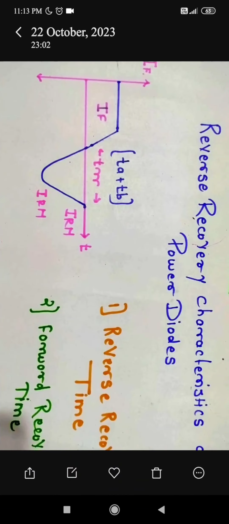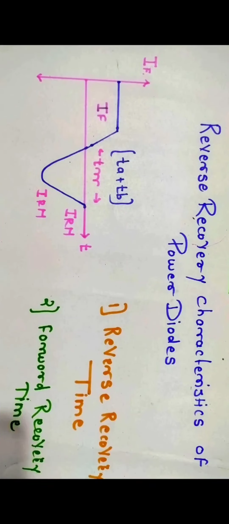Let's see the reverse recovery characteristics of the power diode. The reverse recovery characteristics of the power diode are shown in the following figure. The diode is characterized by forward recovery time TF and reverse recovery time TRR.